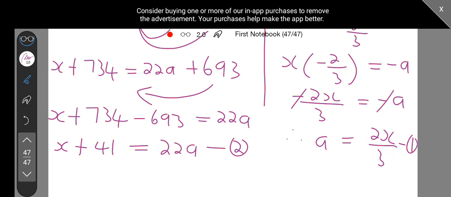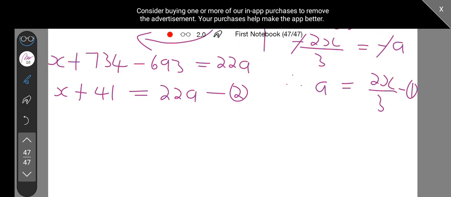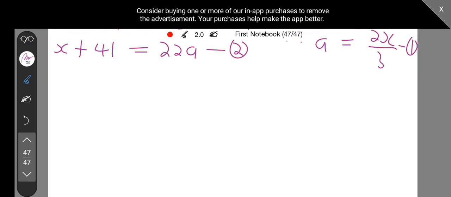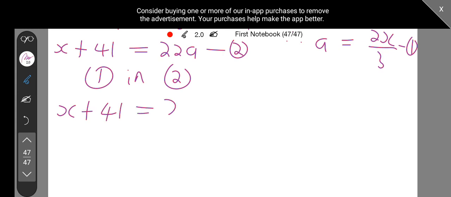So remember that if we are solving simultaneous equations, where we see a, we're going to plug in 2x over 3 in the second equation. So we substitute equation number 1 in equation number 2. We're going to say that x plus 41 is equal to 22 times a.